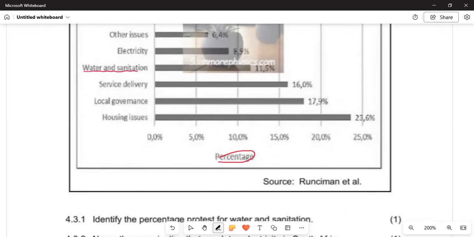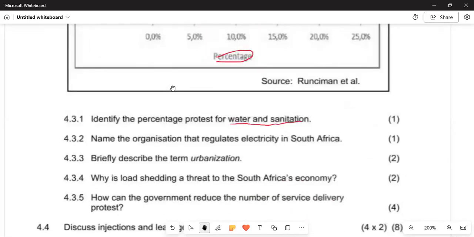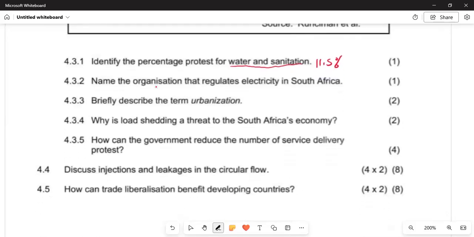You can see it's 11.5%. So now you are to answer it. 11.5%.